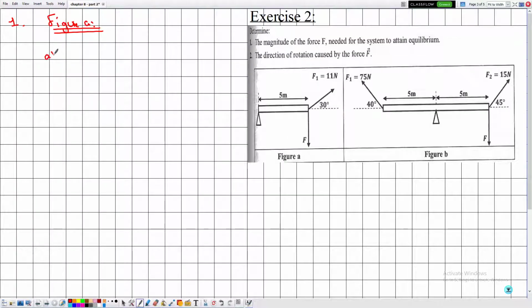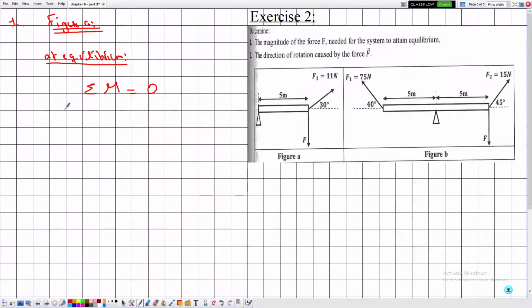So we will say at equilibrium we have that the sum of moments around the axis delta is equal to 0.